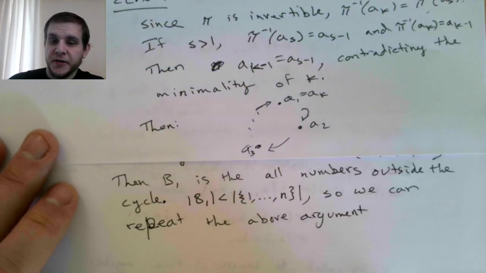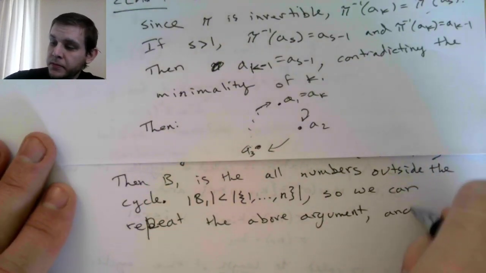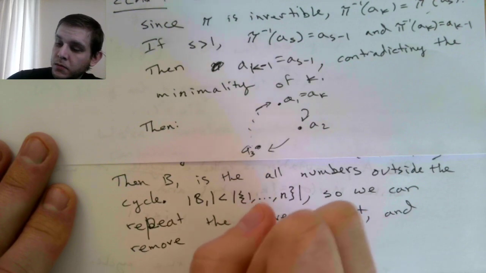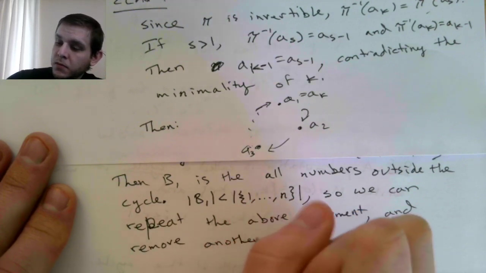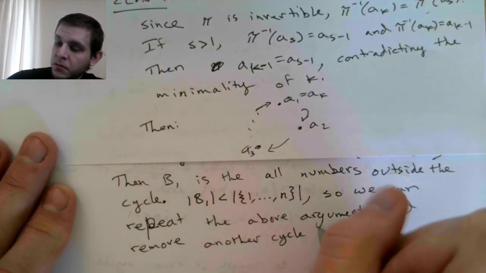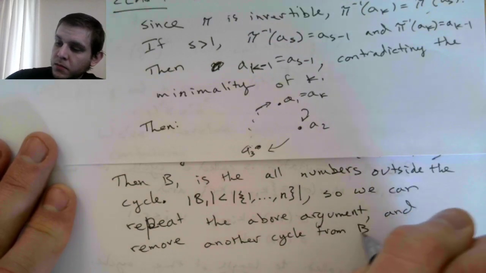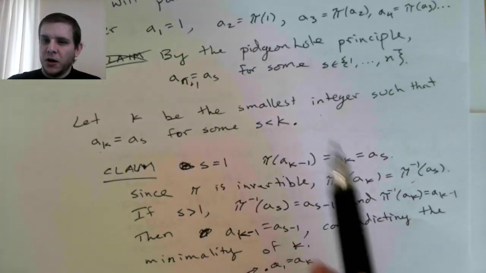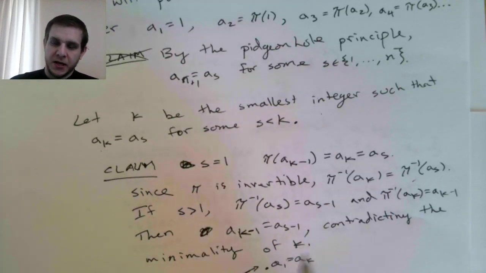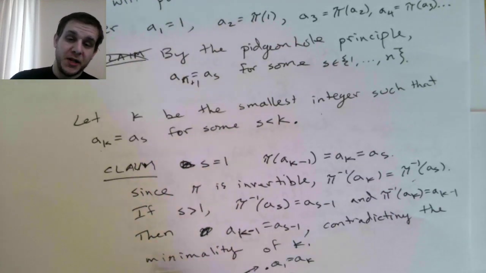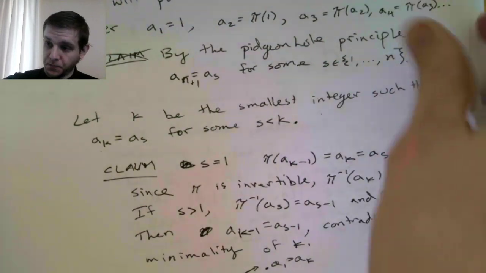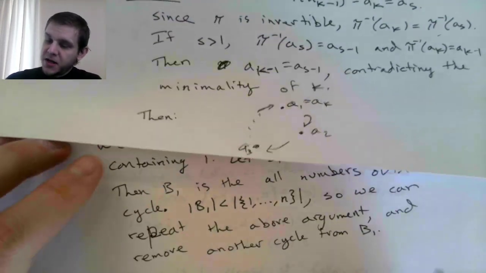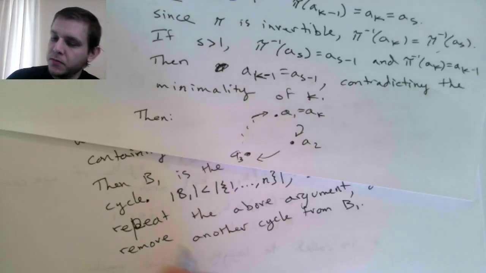And remove another cycle. Right, so I take all the things that I haven't hit with this cycle, and I put them in their own cycles. And what have I done? I've created a new set B2.